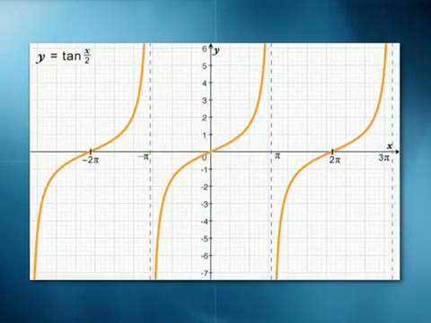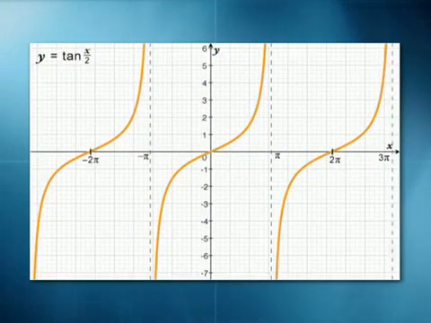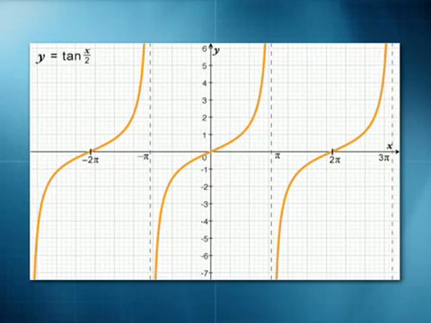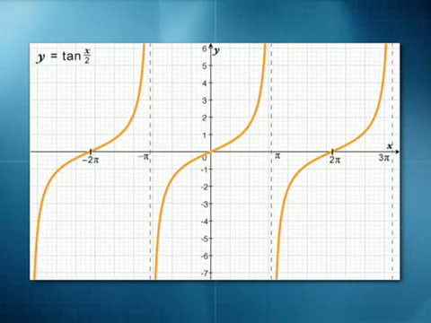So here's a graph of our tangent x over 2 function, and the only real difference is that the period is now 2 pi, because the vertical asymptotes go pi, 3 pi, 5 pi, etc. It's kind of been stretched horizontally a little bit, but it still looks like a basic tangent curve, doesn't it? All righty, good.